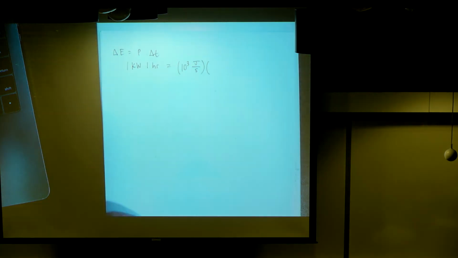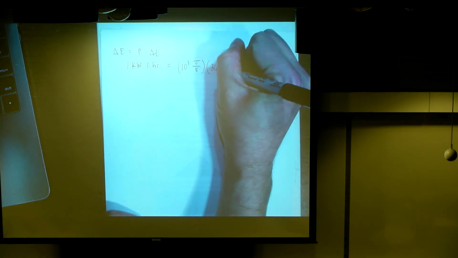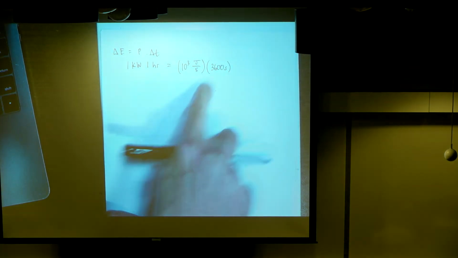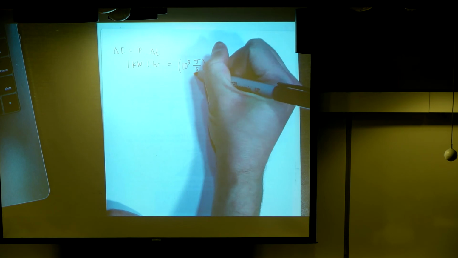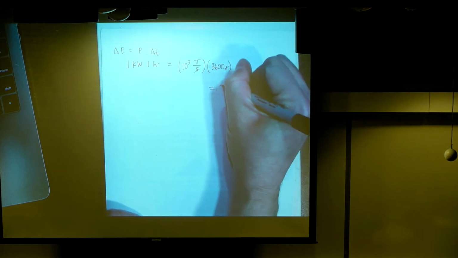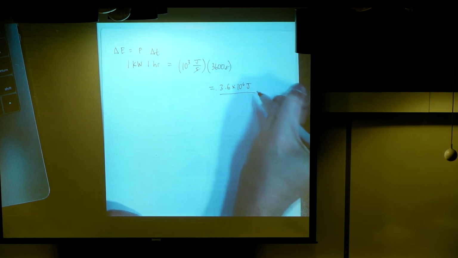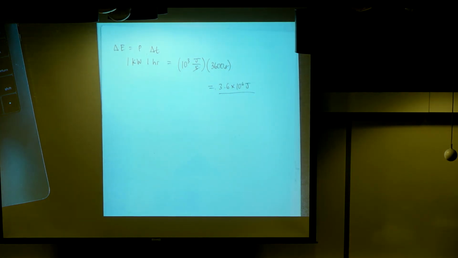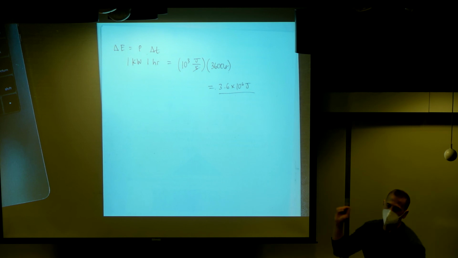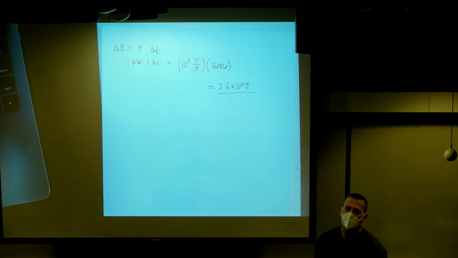So, okay, how many seconds are in 1 hour? 3,600. 3,600 seconds is the same as 1 hour. So now we're at joules, and you're right, this comes out to 3.6 times 10 to the 6 joules. So when you see a kilowatt hour of energy, you know what that's equivalent to in the SI system. All right? That's it for today.